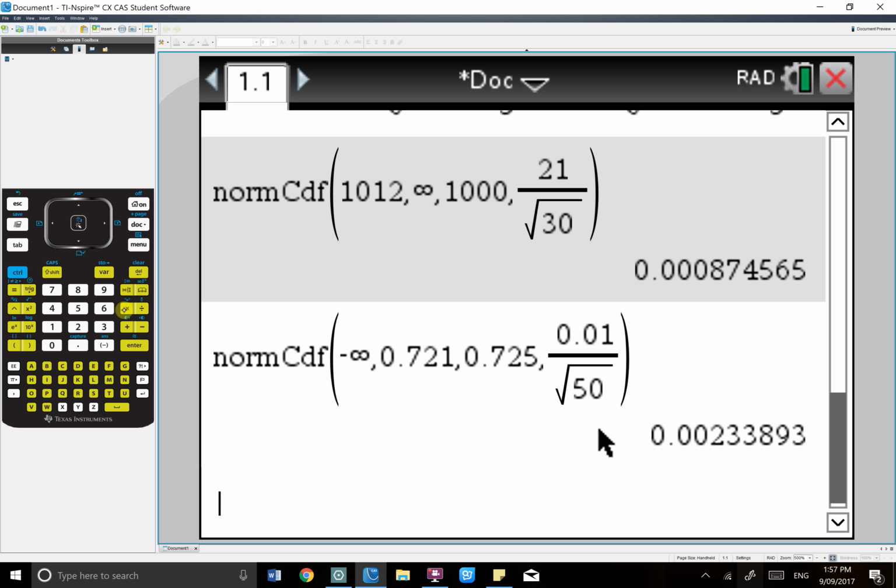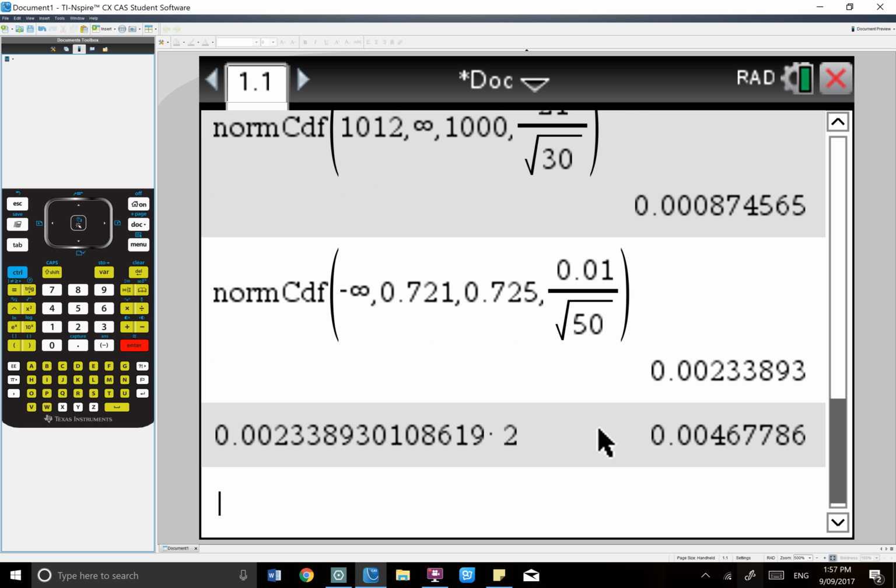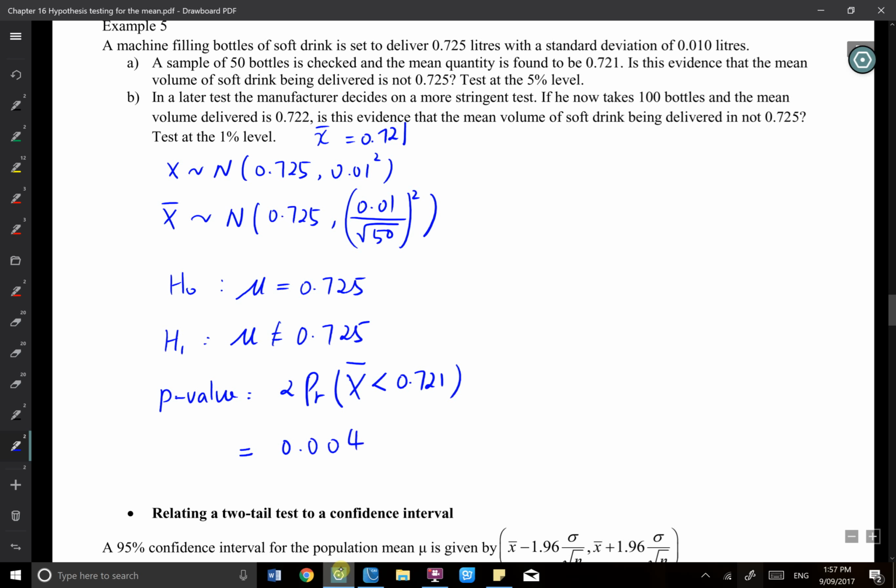That's the one tail. Because it's a two-tailed test, I should double that. So it's 0.0047. Should I reject it or not? Reject H0. It's lower than 5%. Okay, that's part A.